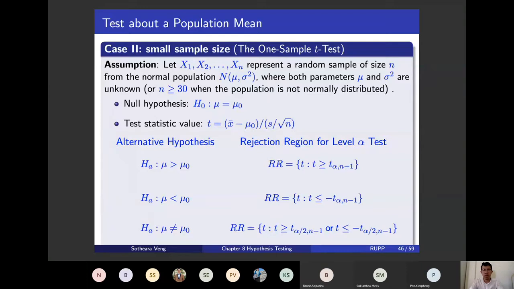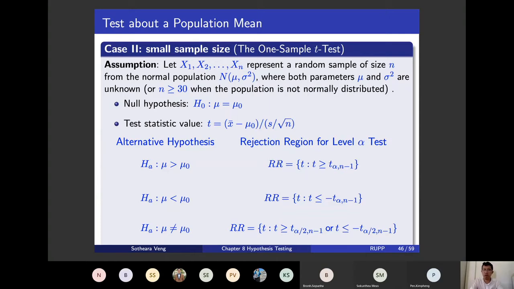Usually this is the problem where you come up with a hypothesis about something, for example, the population mean.